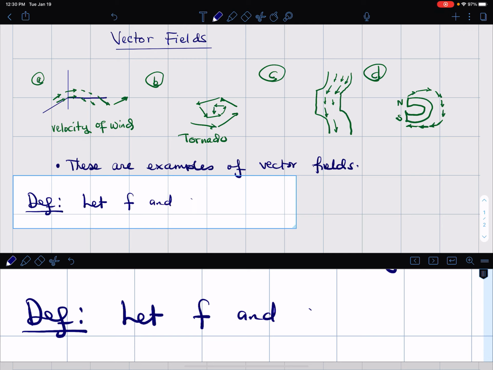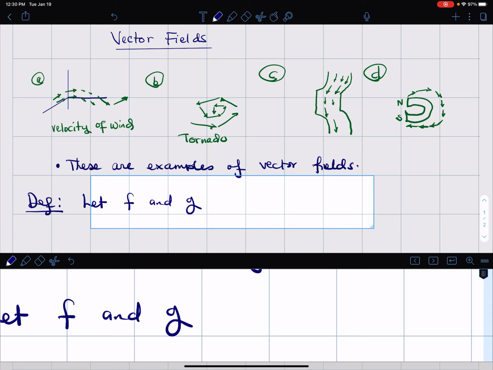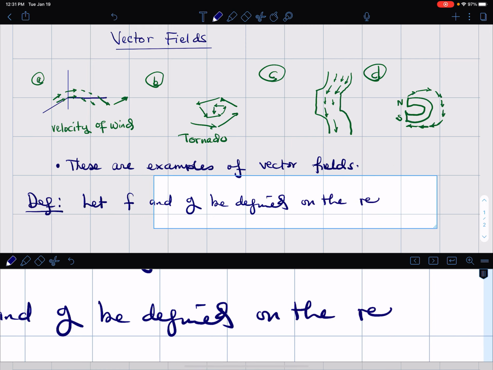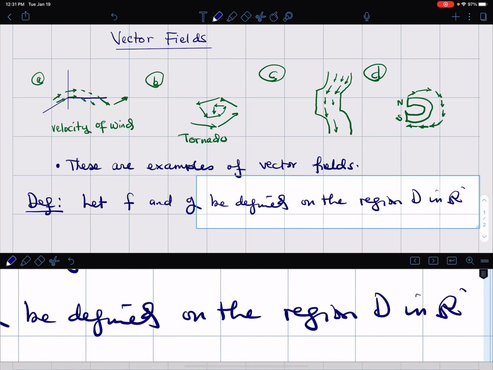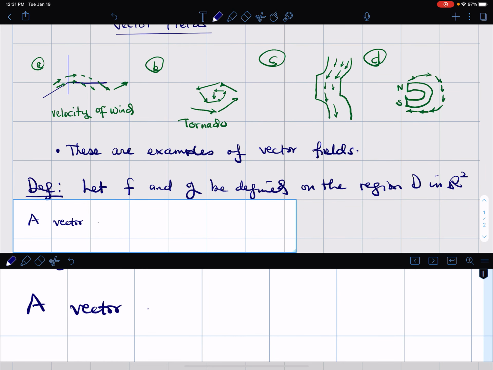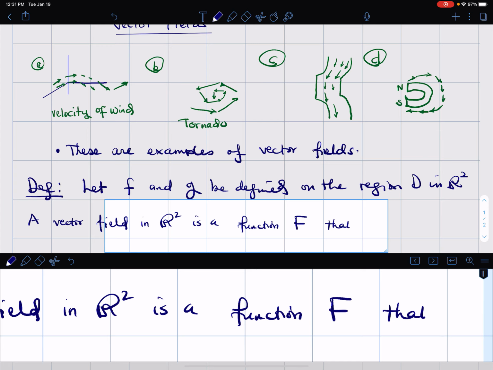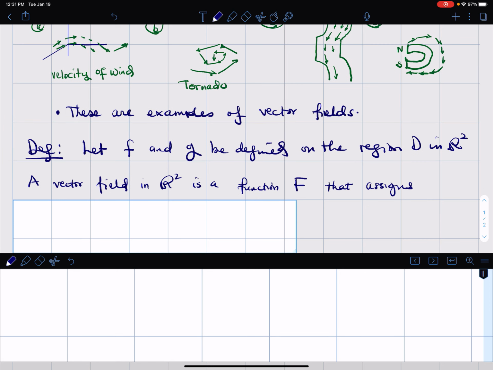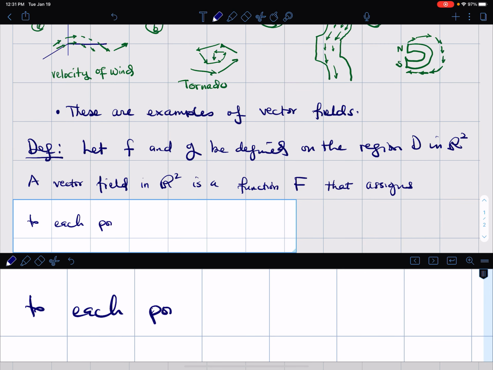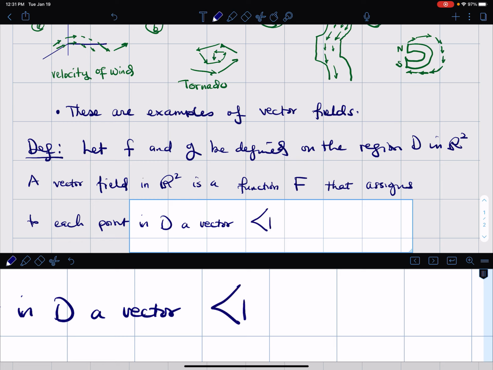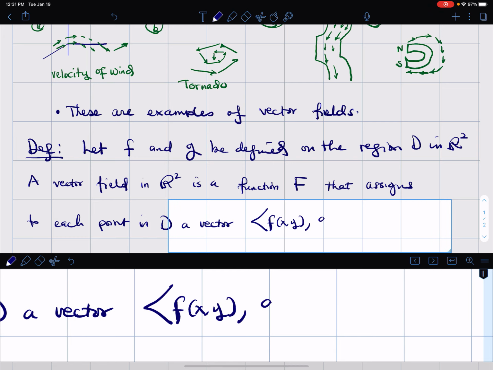If we let F and G be defined on the region D in R2, a vector field in R2 is a function F, capital F, that assigns to each point in D a vector f of xy, g of xy.